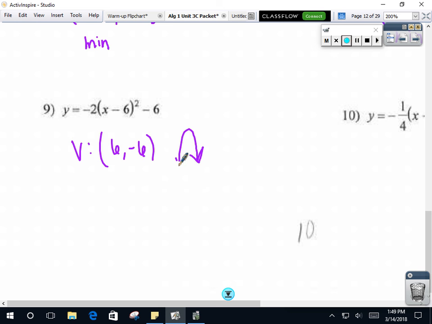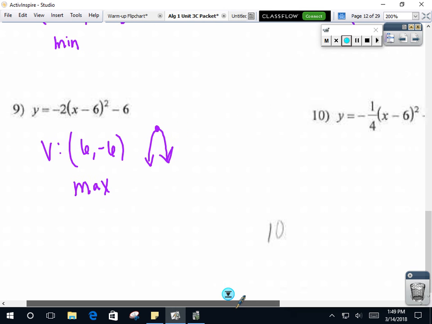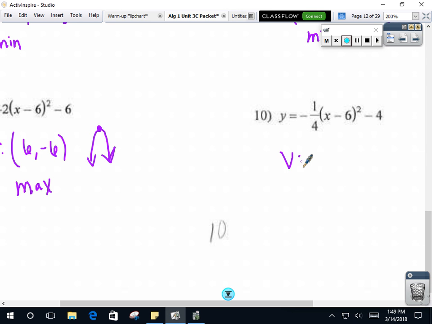Down, which means the vertex is a maximum point. And then number 10, what's the vertex? And the parabola opens down because your a is negative. It's also going to be a shrink because it's less than 1, and that makes the vertex the maximum point.